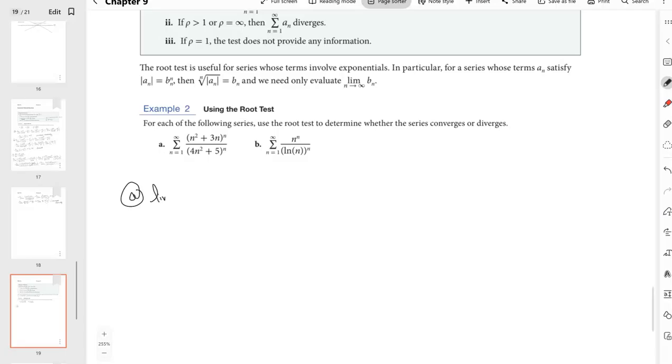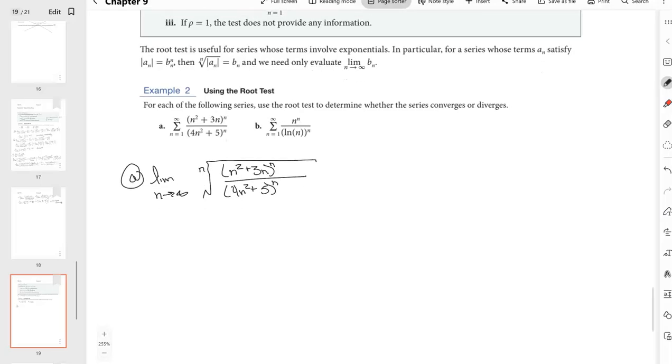So I'm going to take the limit as n goes to infinity, and I'm going to take the nth root of n squared plus 3n to the n over 4n squared plus 5 to the n. And my root rules say that I could take the root of each one separately, the top and the bottom of the fraction.